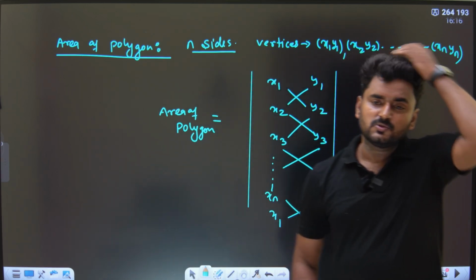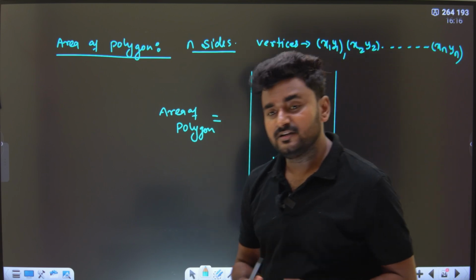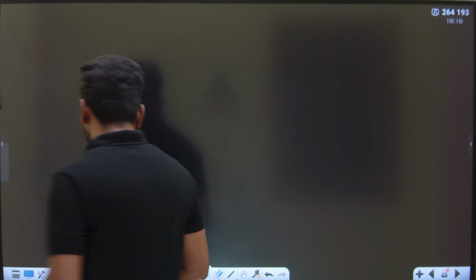Understand? So you are saying, sir, I don't want to write it vertically, I want to write it horizontally. Okay, no problem, you can also write it the other way. How, sir?